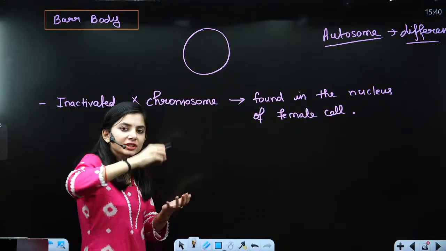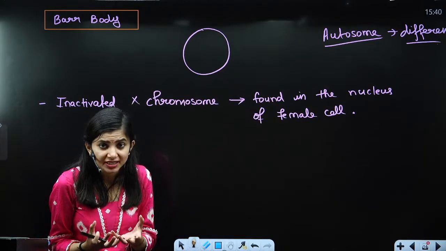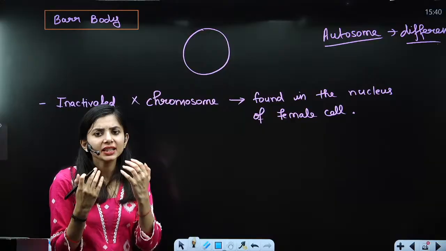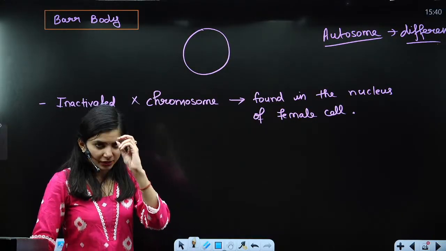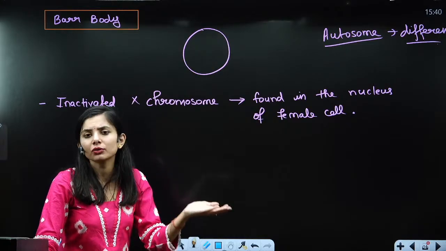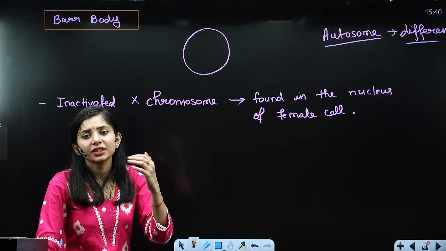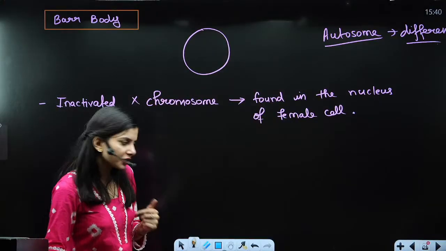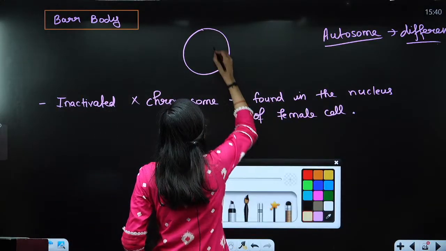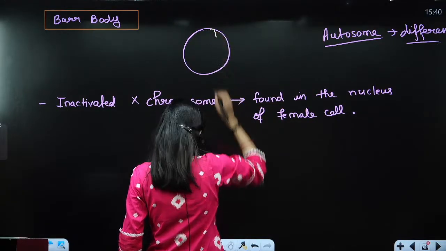If you put some color or stain, the chromosomes are clearly visible. But the Barr body, that part of the X chromosome or one of the X chromosomes, is not clearly visible even after the stain. Therefore, it is shown like this.